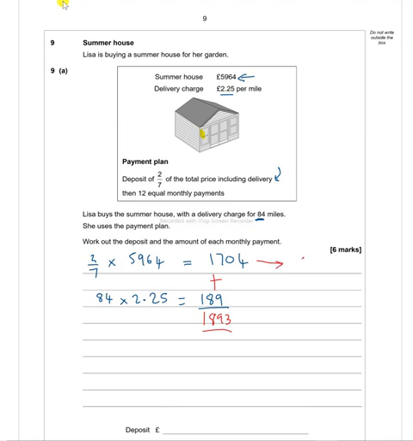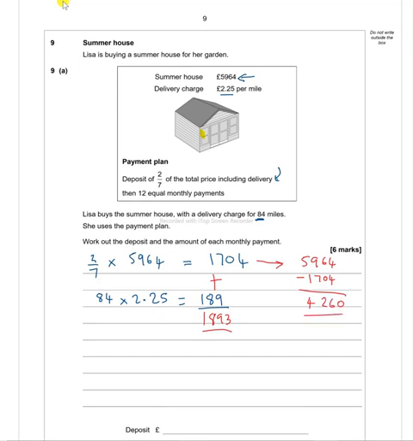So we do the full price 5964 take away 1704, which is 4260.